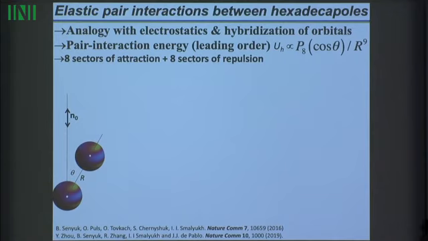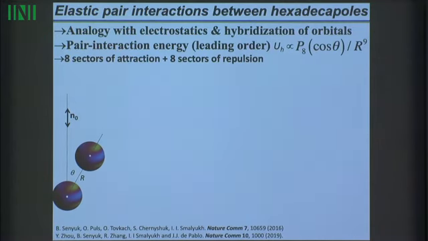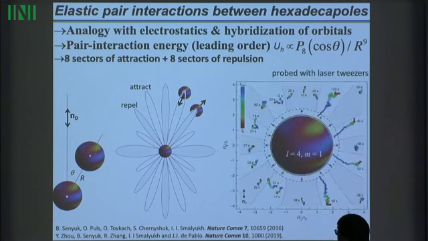So for example, for these hexadecapoles I was showing you, electrostatics would predict we would have this type of behavior, as we look at the dependence of interactions as a function of the orientation of the separation vector versus the far-field director. And so you would have then 8 sectors of repulsion and 8 sectors of attraction, very rich behavior.